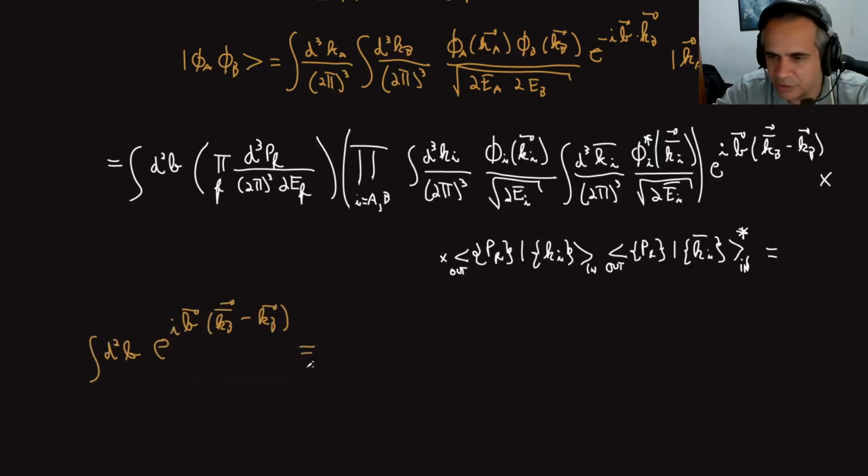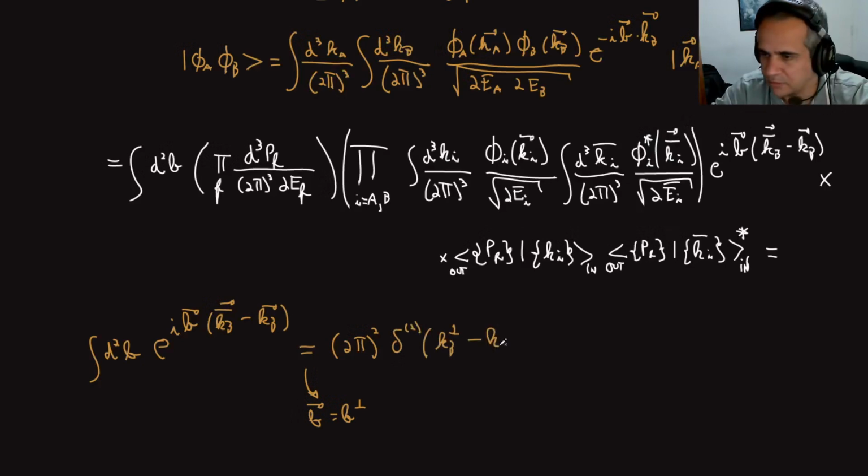I can exchange b by b transverse, perpendicular here, right? And of course then this product will be just a Dirac delta, but in two dimensions, forcing the transverse part of kb to be the same as the transverse part of kb bar. Right? This is just a Dirac delta in that transverse plane.